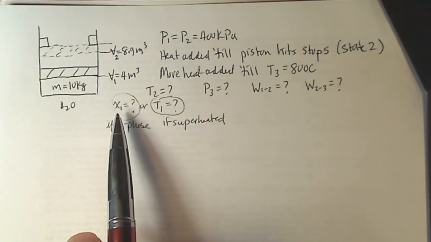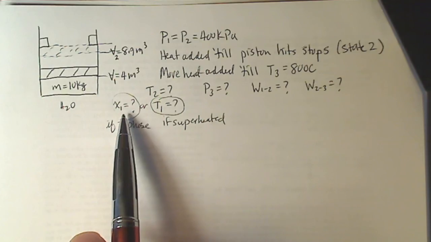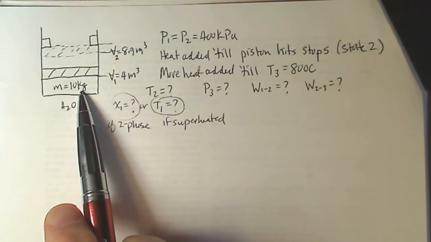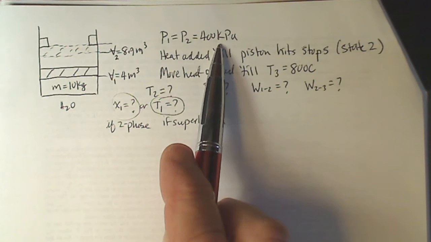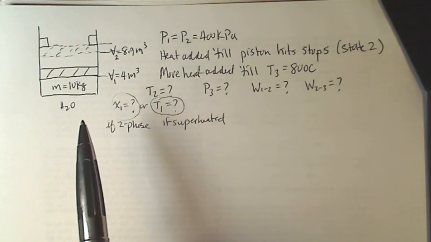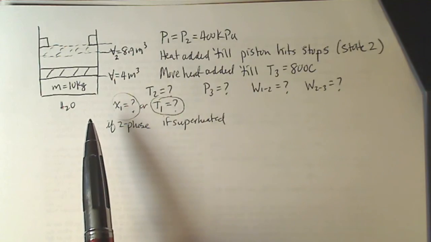All right, let's begin at the beginning. We need to know 2 properties about the first state. So for state 1, we know the pressure. So we know 1 property coordinate.